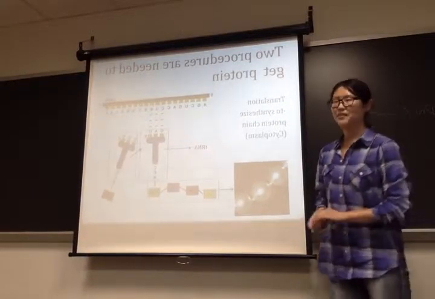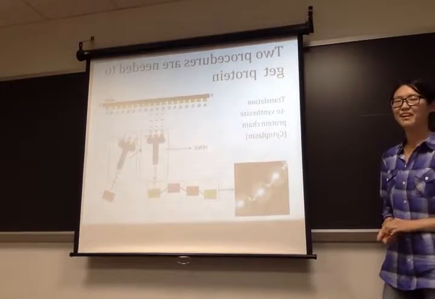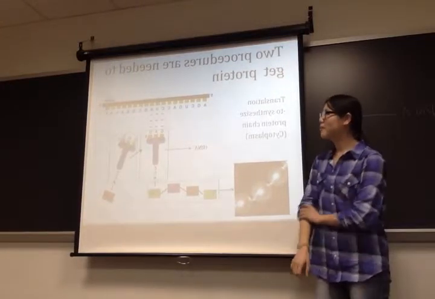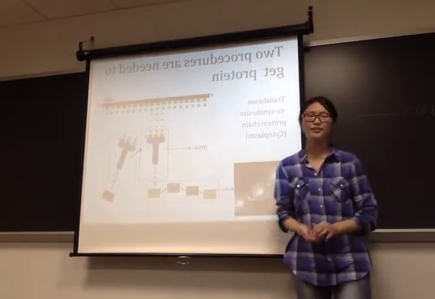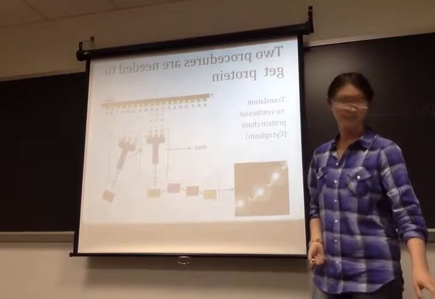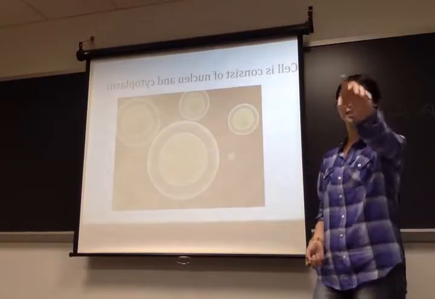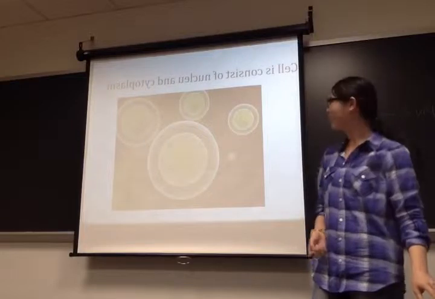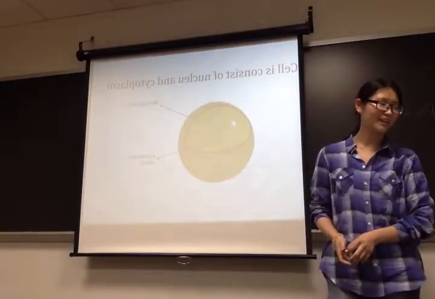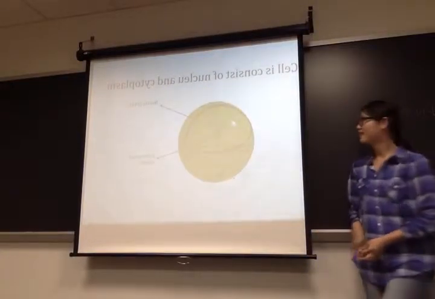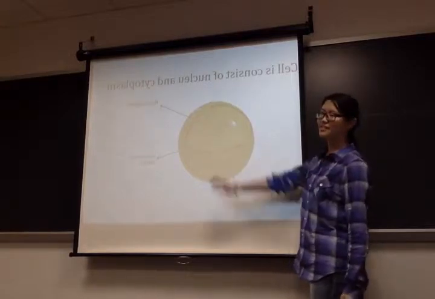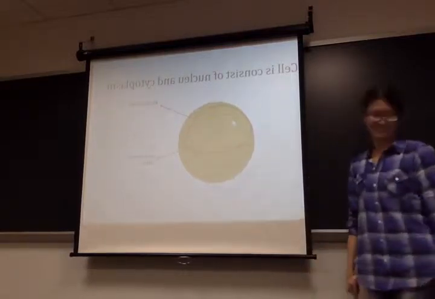Okay, let me give you some hint. As I mentioned before, DNA exists in which place? Nucleus. And tRNA exists in which place? The cytoplasm. So why do we need mRNA?